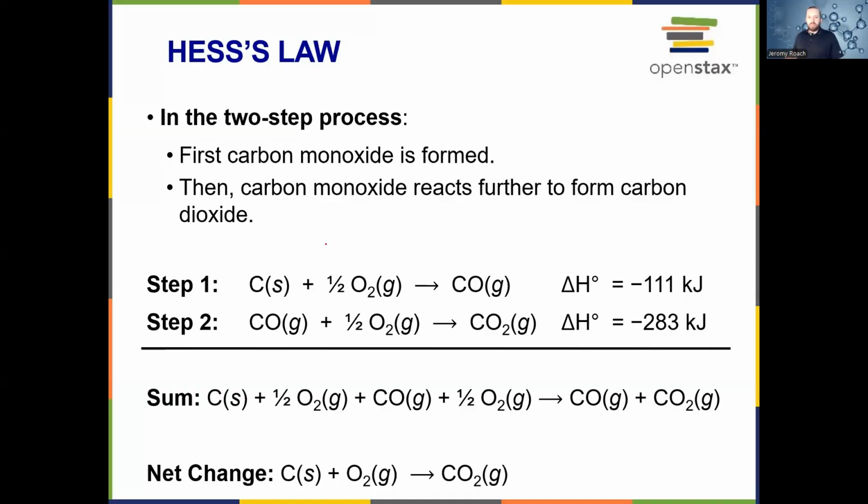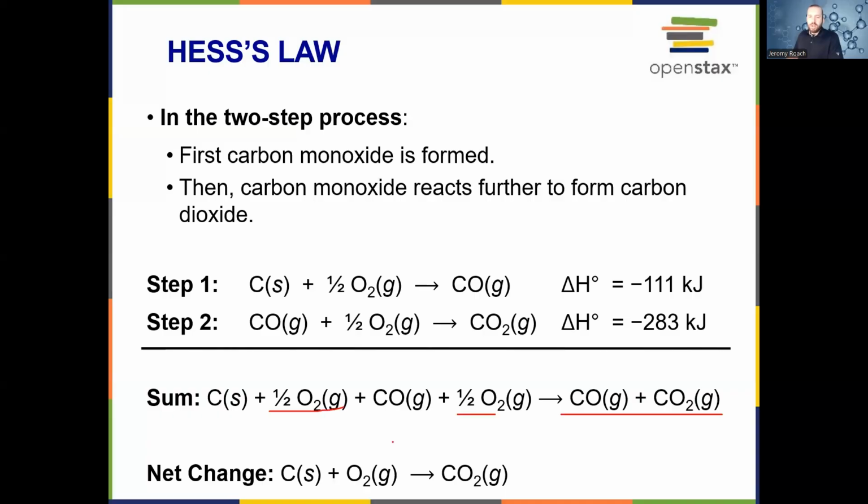If we look at this reaction here, we can add up the products, carbon monoxide and carbon dioxide, and we get this value here. And we can add the reactants as well. We have 1/2 of a diatomic oxygen, and then 1/2 of diatomic oxygen again, and we can write those separately here.